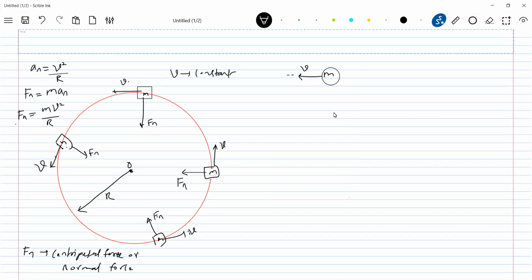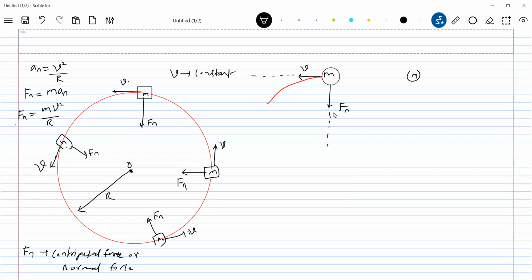It will move in this direction. If only force, it will move in this direction. Because of both, what will happen? It will deviate from the velocity, like you have already seen in projectile motion.